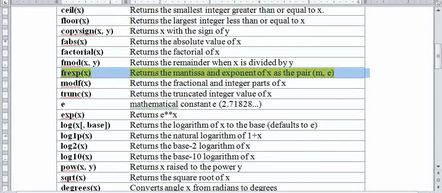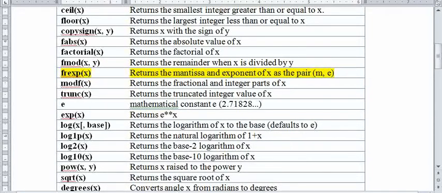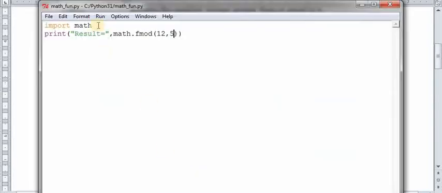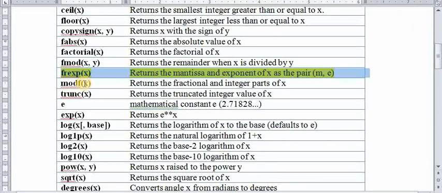Now use frexp, and here write a value like 100, and write out the result. So this is the result, but I have no idea how the result comes. For this you have to discuss with your maths teacher. Now modf.